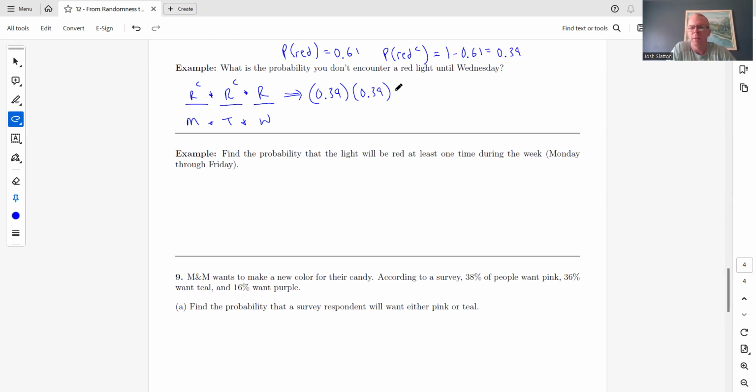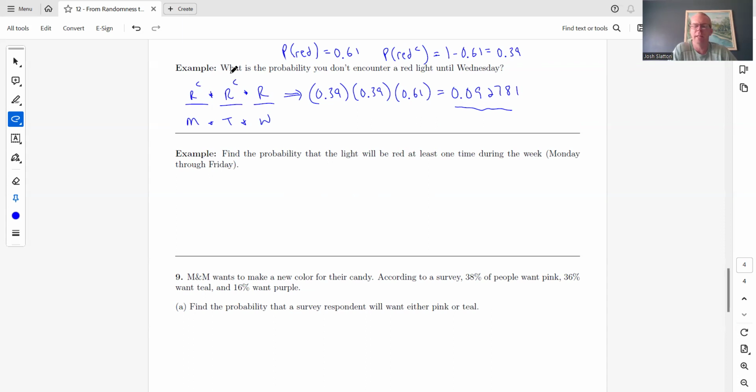And so we multiply all those together and we get 0.0, and we'll just write the whole number, 92781. So this is the probability that you get yellow or green on Monday, yellow or green on Tuesday, red on Wednesday. So it's 3 days.